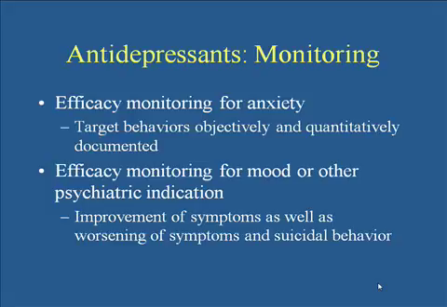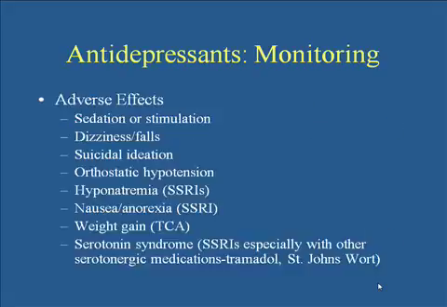We also want to realize that many of the antidepressants have similar side effects. On this particular slide, I've tried to denote those side effects that are maybe specific to a class or two. But we have many different classes of antidepressants, and it's kind of beyond the scope of this lecture to talk about that.